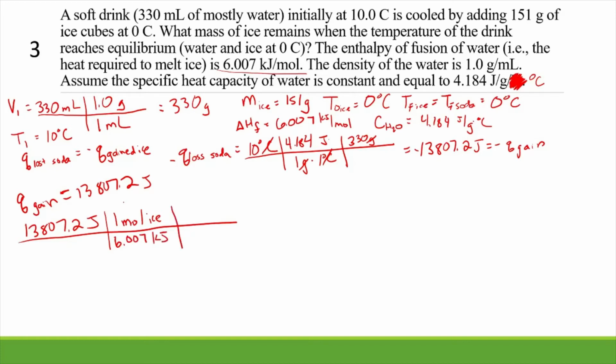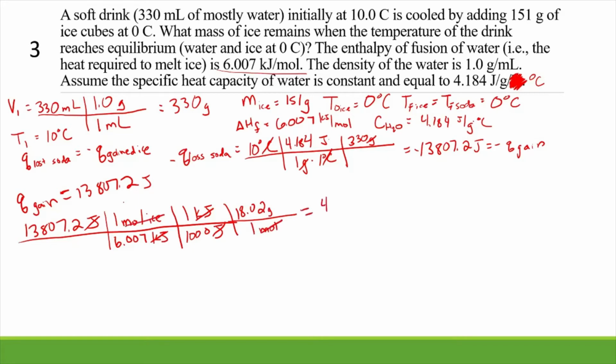And we also know that there's 1 kilojoule per 1,000 joules, so that way our units work out here. And then that'll give us moles of ice, or moles of solid water. And then we need to get to grams though, because we want to know the grams that melted, so we're going to use molar mass. And there's 18.02 grams of water for every 1 mole.